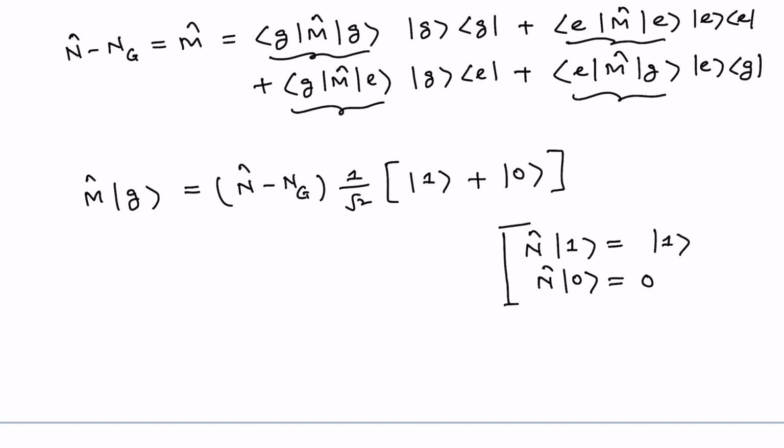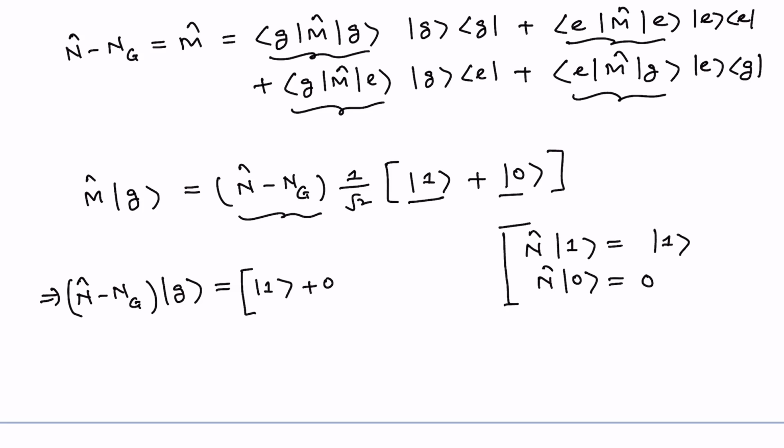Utilizing this, you can immediately get from here, let me write m is equal to n minus nz. From here you see, I am going to get n operating on ket 1 and ket 0, so this is going to give me ket 1 plus 0, and nz is a number here, it is 1/2, I will put 1/2 later. I will have minus nz times ket 1 and minus nz times ket 0.